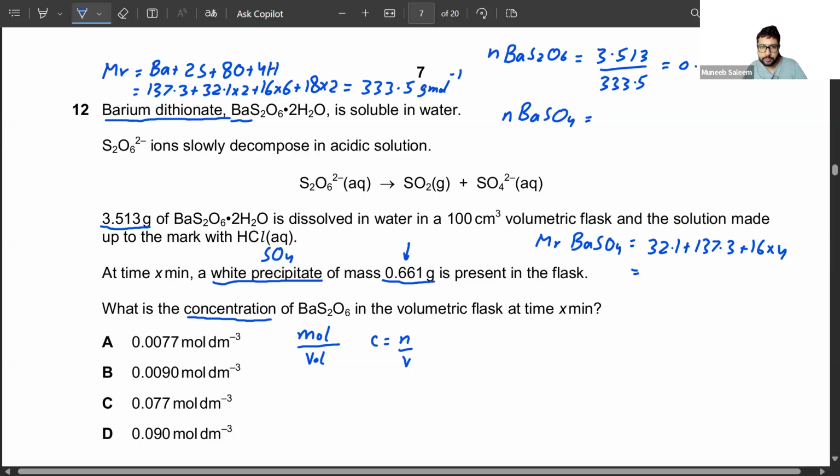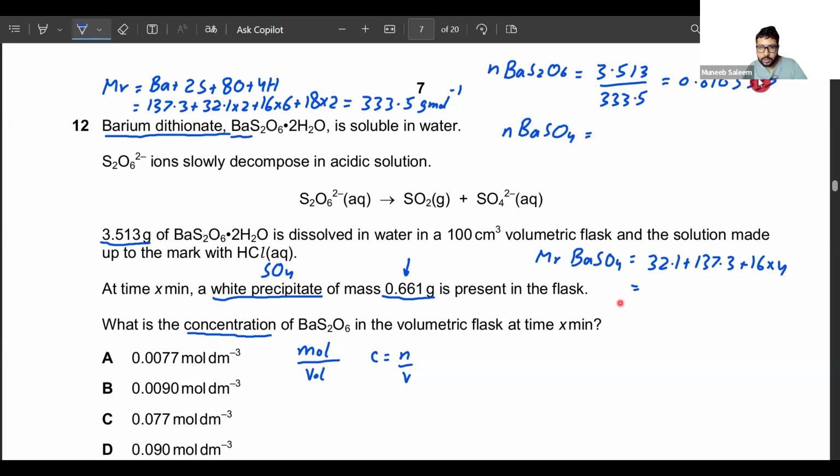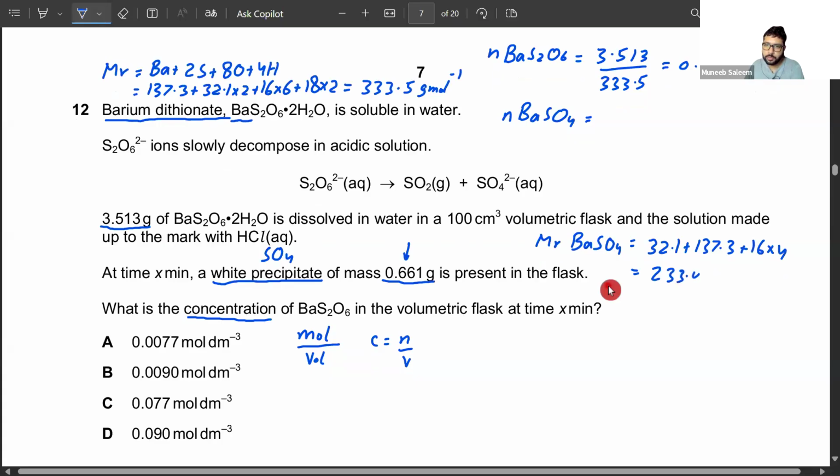And then we have the 233.4 as a MR value, 233.4 gram per mole. Now calculate the moles. We have 0.661 divided by 233.4.